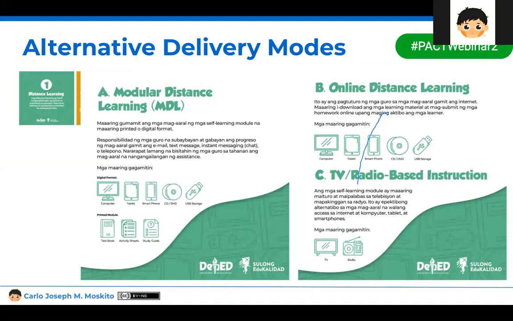I think depending on the agreement, if the student would submit every week, once a month, or the school will provide the weekly topics, the quarterly, monthly, so on. There's also online distance learning for those students who have internet access at home, who have devices, so they could enroll to the online distance learning modality. And there's another one, the TV radio-based instruction, which I think we will not be able to discuss right now. So we'll focus only on the modular one and the online distance learning.